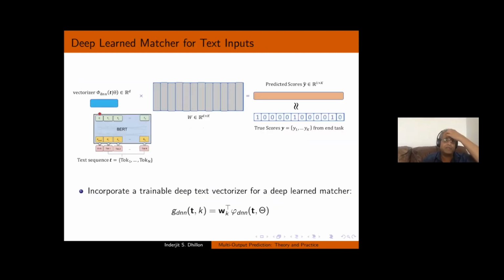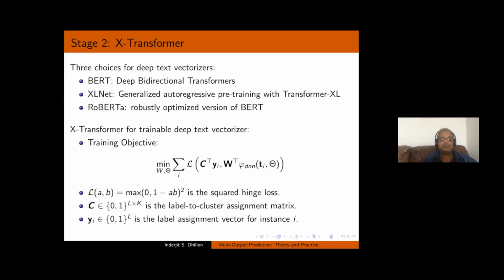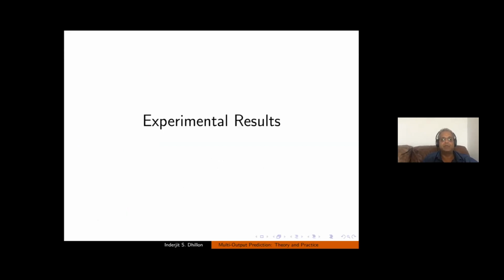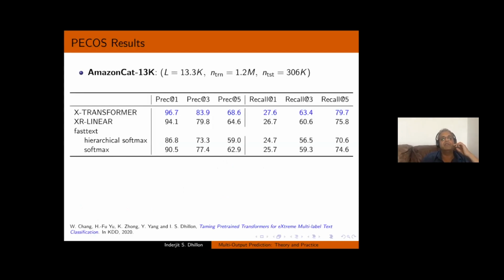This work is presented in a KDD paper, and I believe the KDD conference is happening this week. So just a little bit more detail: we can have different deep text vectorizers, BERT, XLNet, RoBERTa, and we are able to get a trainable deep vectorizer using this coefficient matrix W. And just to give you an idea of the experimental results, we are now able to get state-of-the-art experimental results for various problems.